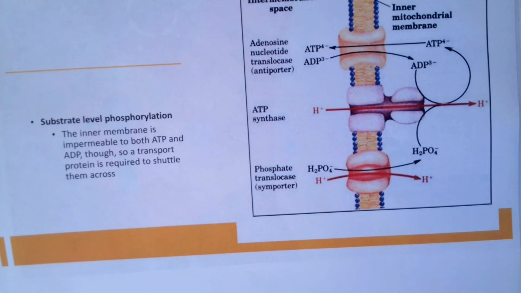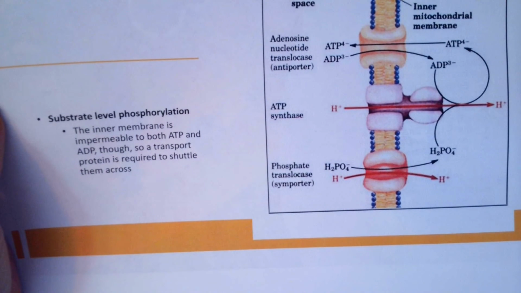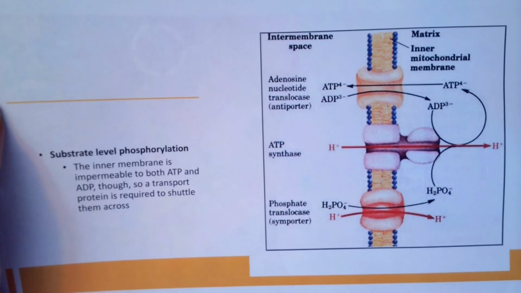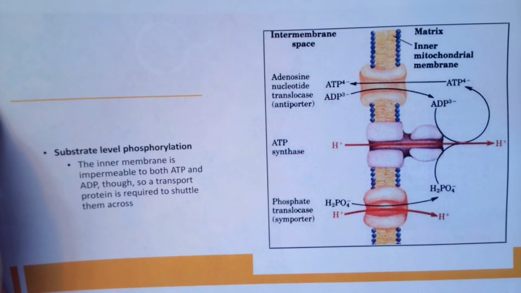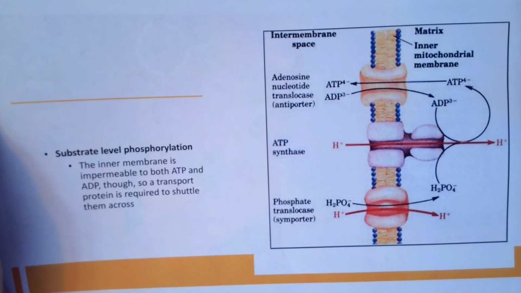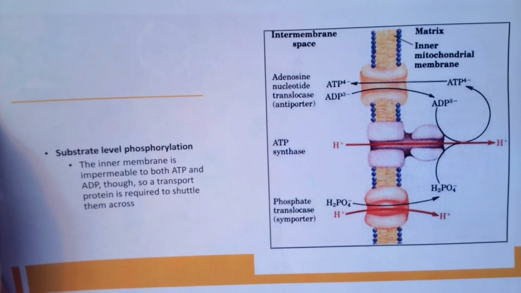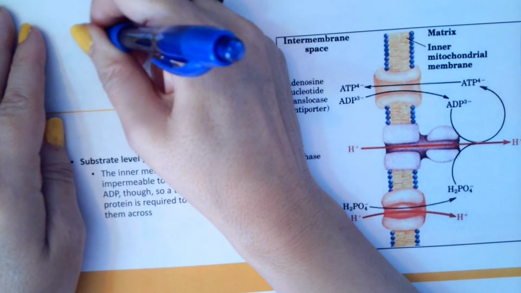Okay, now the ATP that we make in the Krebs cycle, in the form of GTP, and the ADP that we are using also when we're doing the electron transport chain, etc., to make ATP, we need to be able to transfer those across the mitochondrial membrane.